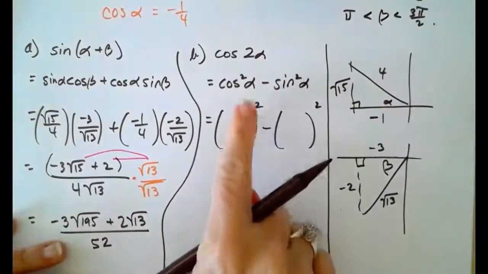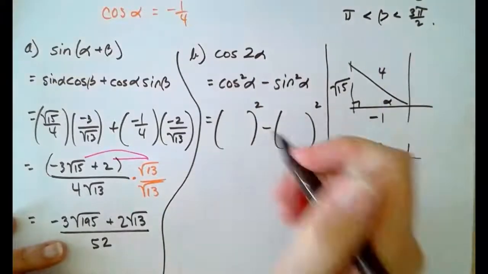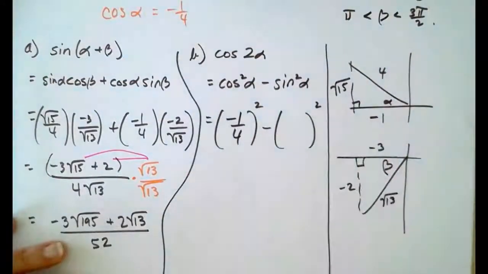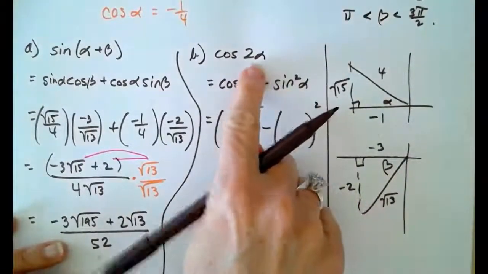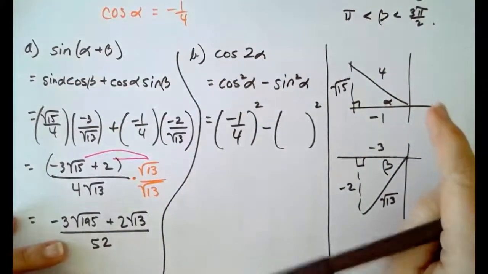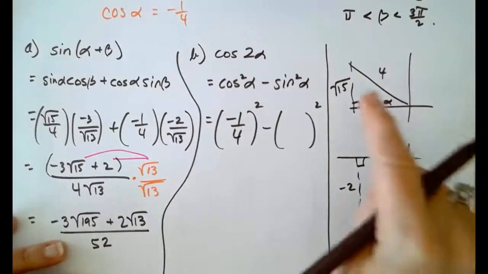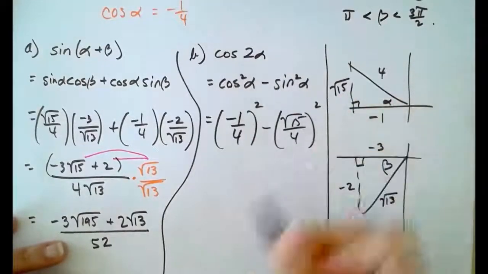Back to the diagrams, the cosine of alpha, negative 1/4. The sine of alpha, because remember this is 2 alpha, so everything about alpha right here, opposite over hypotenuse, so that is root 15 over 4.